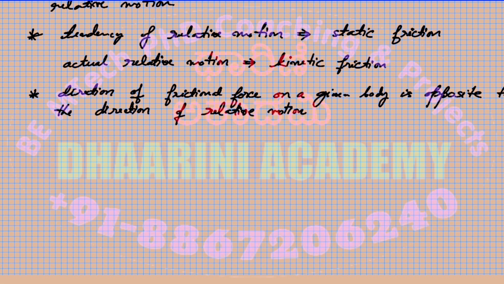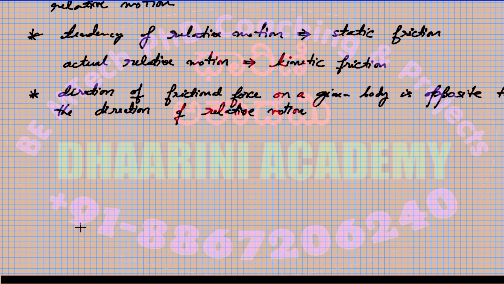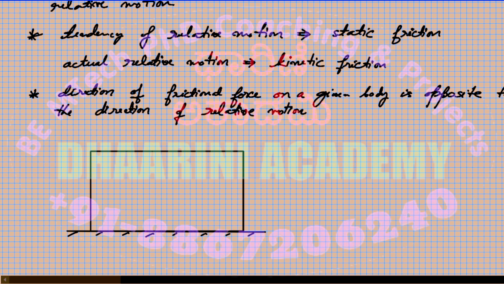Now, let's take an example to understand this. Let us say this is the ground, and let me place an object over here. Let me apply a force in this direction.